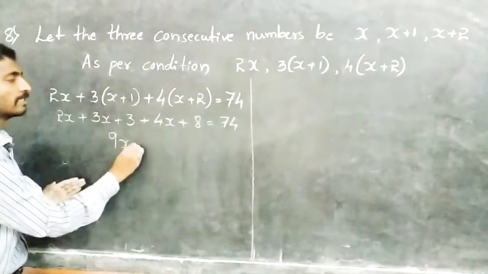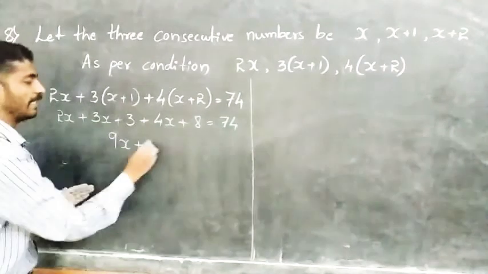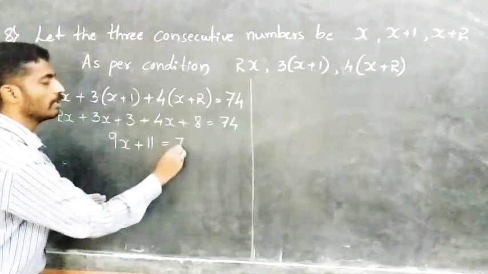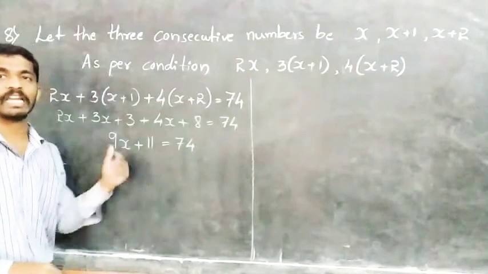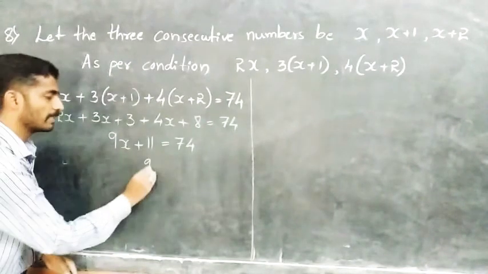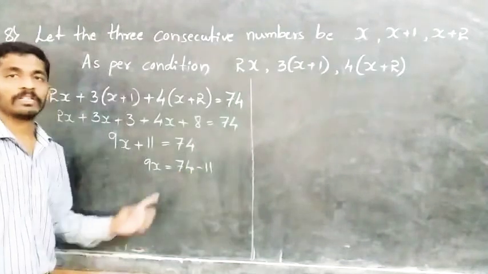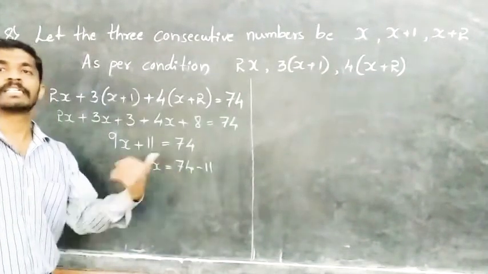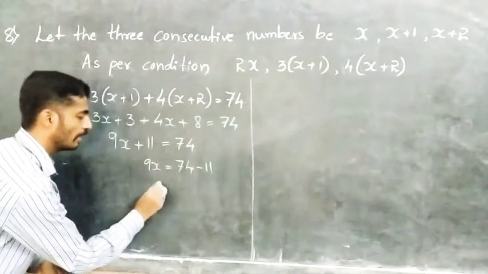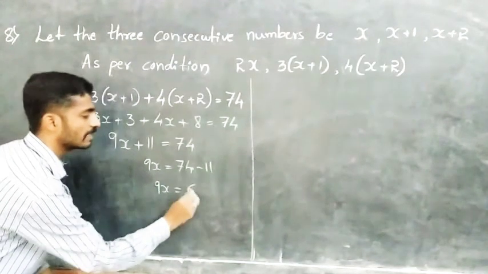So 9x plus 3 plus 8, it will be 11, equal to 74. Take the 11 to the right side. It becomes 9x equal to 74 minus 11. 74 minus 11, what do we get? 63. So 9x equal to 63.